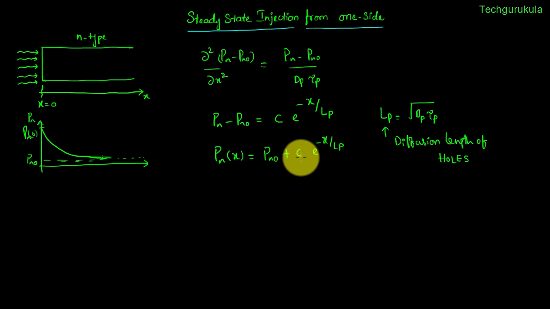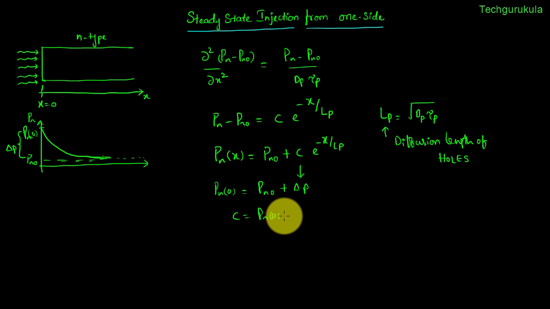Now let us find what C is here. We know Pn of 0 is given by Pn0 plus delta P, the injected carrier concentration. We know at x equal to 0 this is the concentration, so C would be equal to delta P. So we can write C as Pn of 0 minus Pn0.